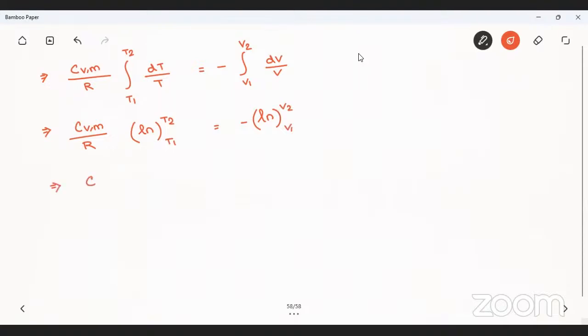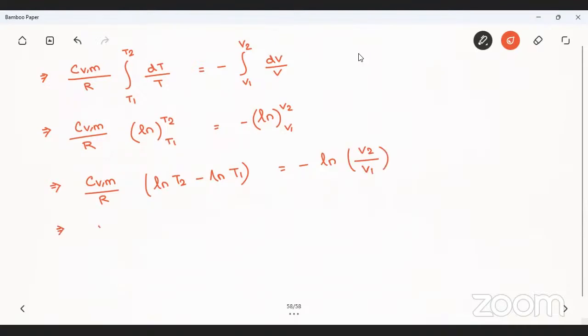How can we write like this? CVM by R, ln T2 minus ln T1, is equal to minus ln V2 by V1.